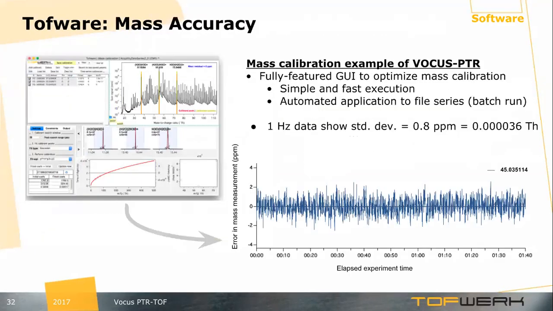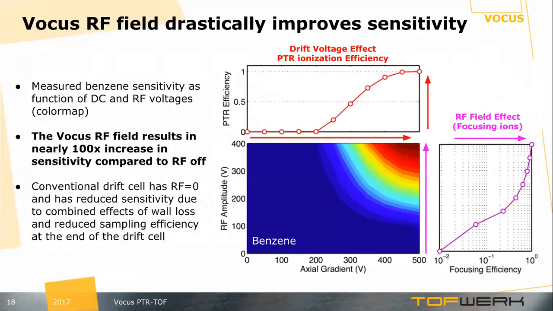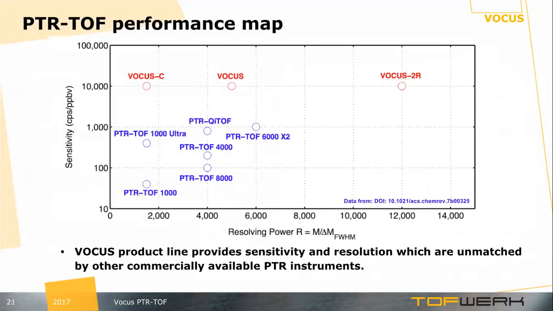So if I go back to the interface schematic, well, actually we can start here. All of these different instruments have very different interfaces. The QI-TOF has a very similar interface to what we use because we designed it.